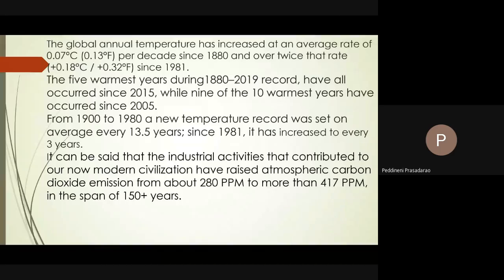The 5 warmest years in the 1880 to 2019 record have all occurred since 2015, and the 10 warmest years have occurred since 2005. So in recent times we are seeing a higher rate of global warming, from the 1980s onwards.